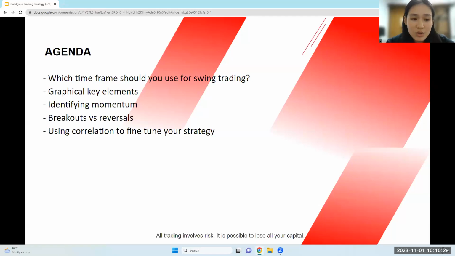And then we'll look at breakouts versus reversals, as well as using correlation to fine-tune your strategy, because that tends to be pretty useful when you are looking at swing trading. Just let me know in the chat if any of you like to use swing trading. I'm just curious to know as well.